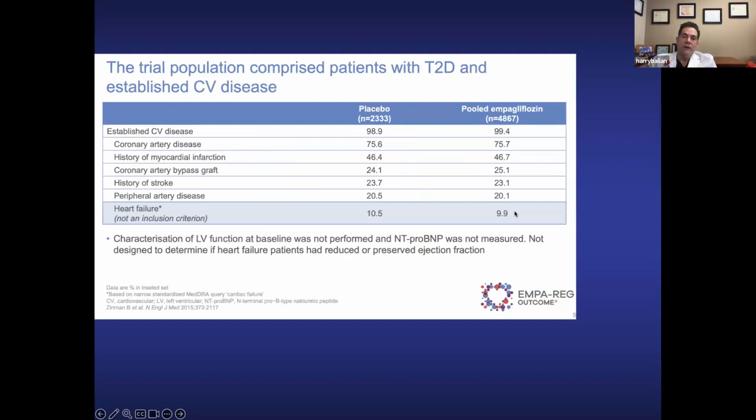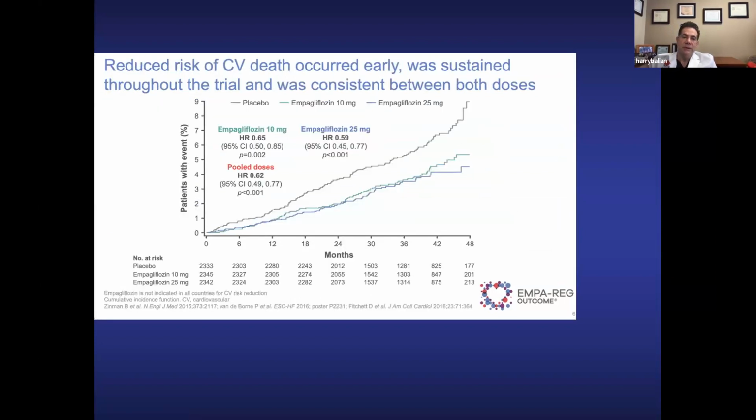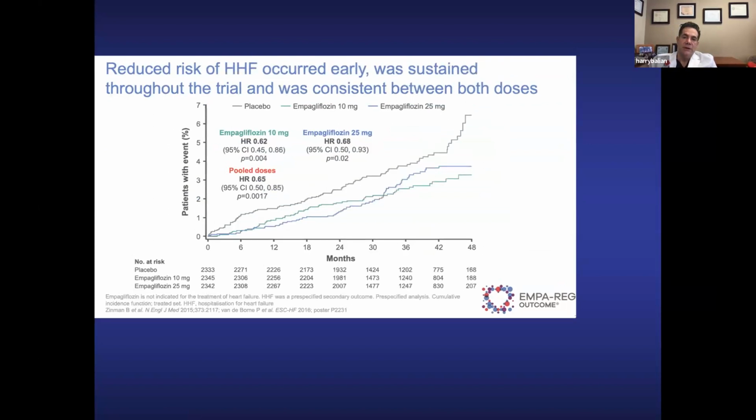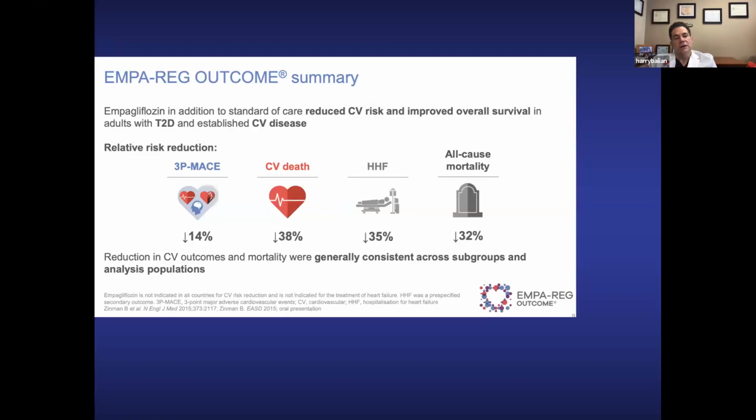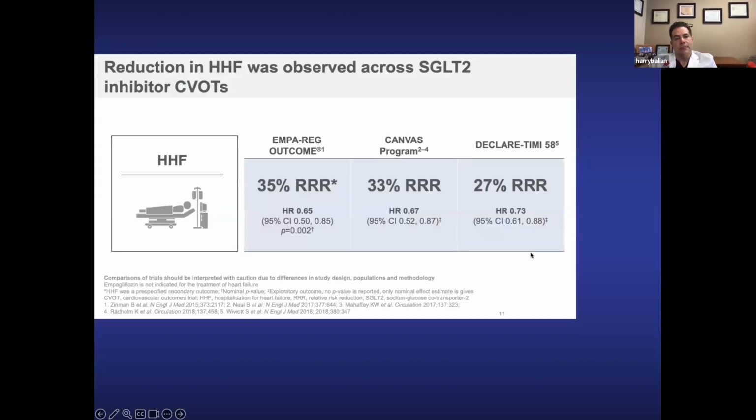Overall, Jardiance versus the placebo showed a reduction in overall CV death, both at the lower dose and a higher dose, and also improvement in heart failure hospitalization in these patients. So you have, again, reduction in MACE, reduction in CV death, and heart failure in these patients.